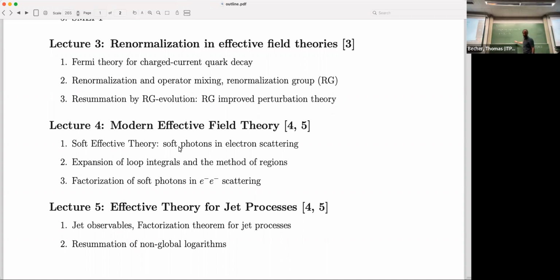And then you split the field. Then this splits this integration. You now have this low energy integral and the high energy integral. You integrate out the high energy part.